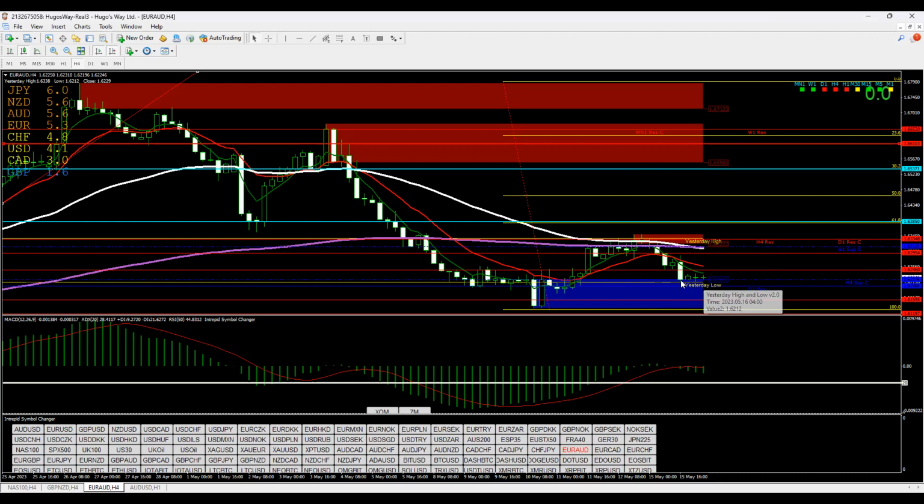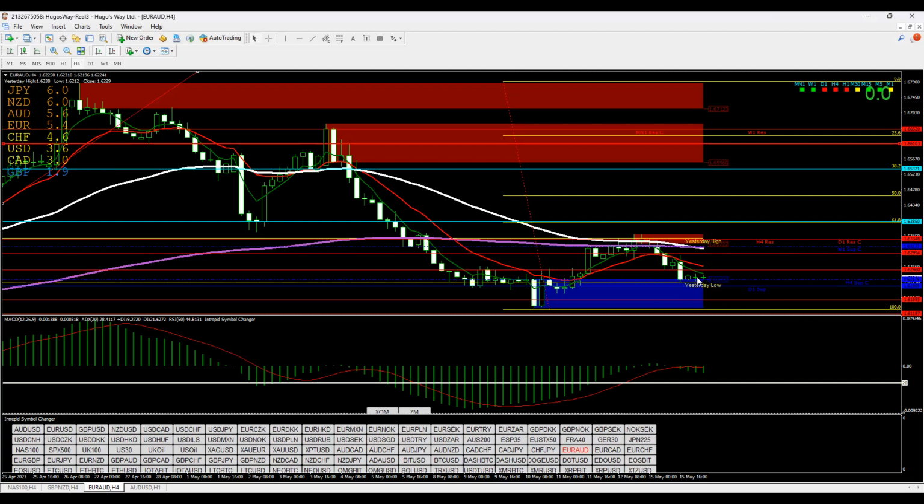And now I have two dojis here, which we call a stop sign, telling me this is probably the end to this trend. Now, this doesn't tell me what time or what day this upward movement is coming, but we know that we have an end to this trend.